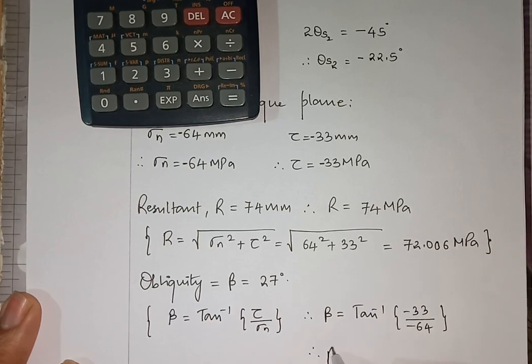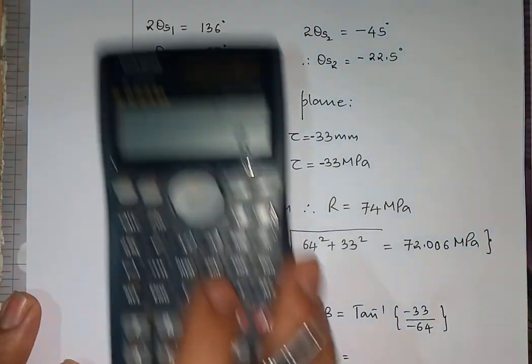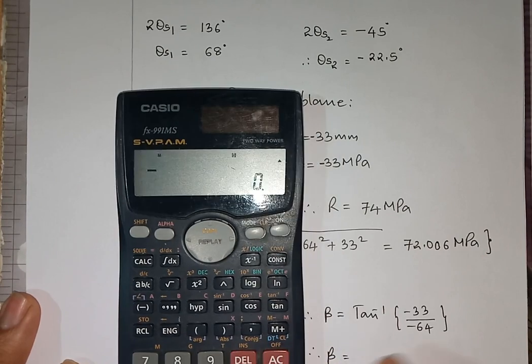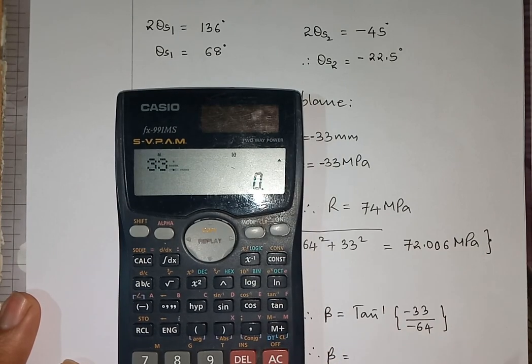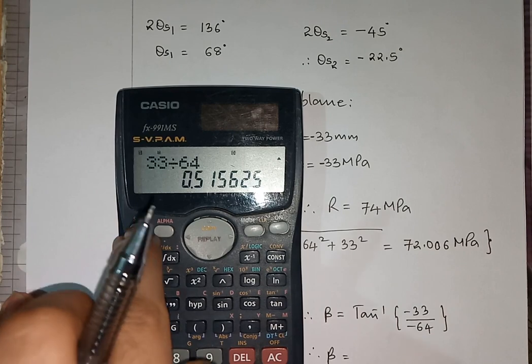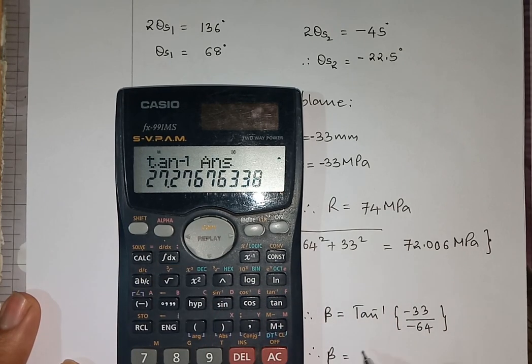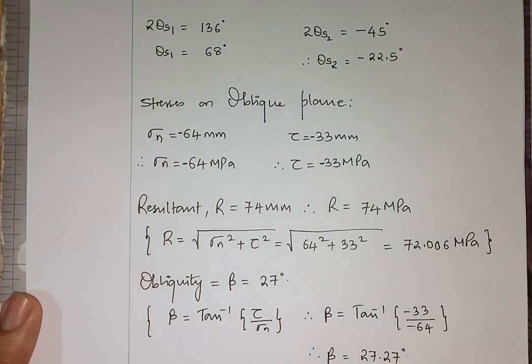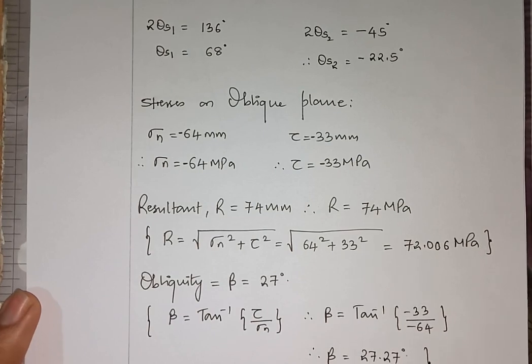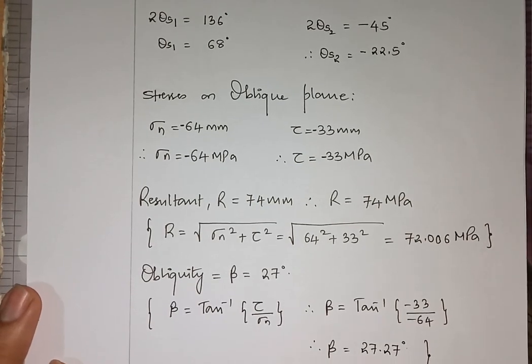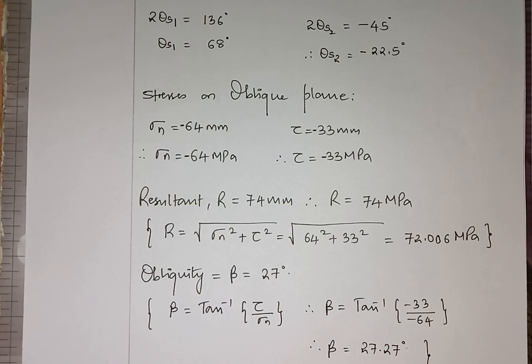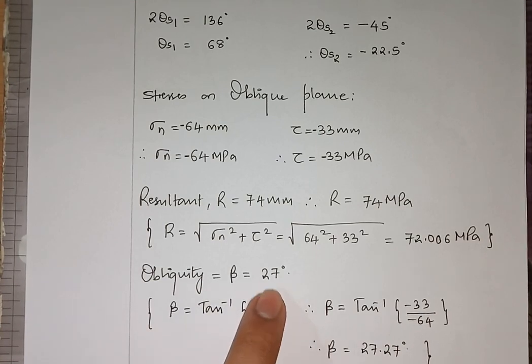Minus and minus cancel, so 33 divided by 64, shift tan inverse, gives 27.27 degrees. So this is the perfect answer using the analytical method, and the other is our answer using the graphical method.